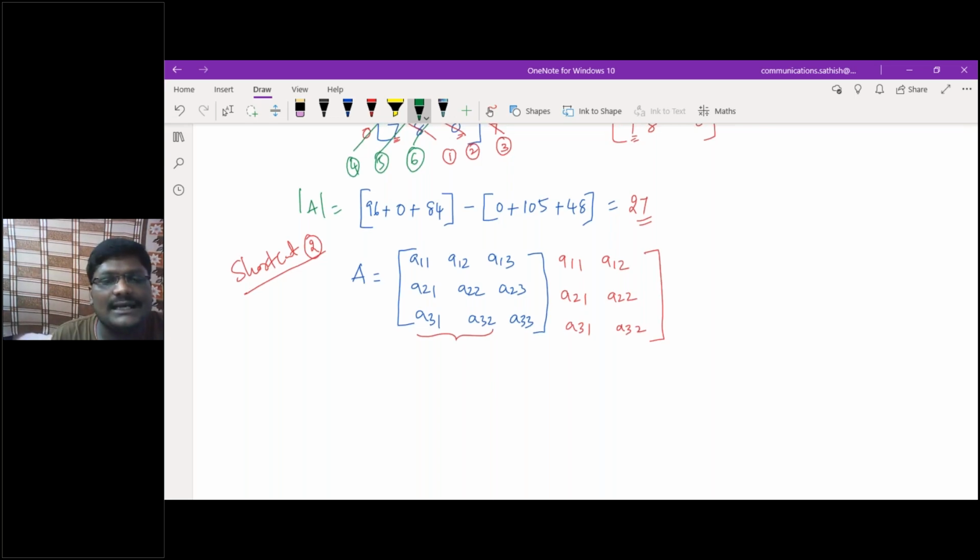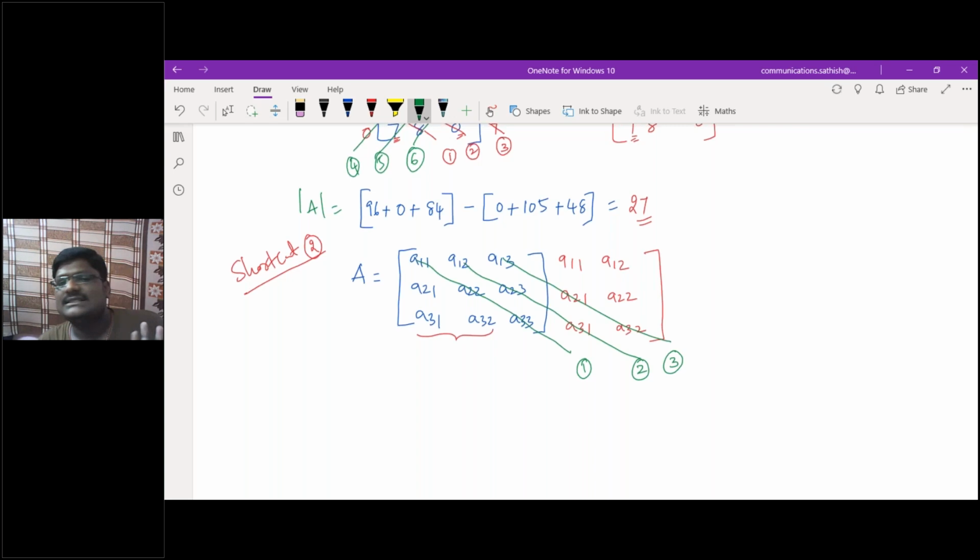So now let me consider the middle diagonal elements. First, the middle diagonal elements I need to multiply, then above the middle diagonal elements, 3 elements will be there. Then again above the middle diagonal elements, 3 will be there. Then you can cross verify it as 1, 2, and 3 will be there. That's all. Simple. Middle diagonal elements and the two above the middle diagonal elements, you people have to consider.